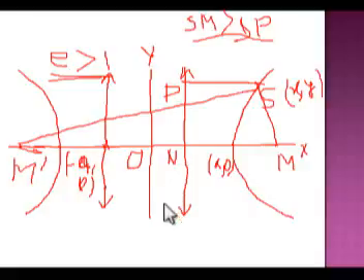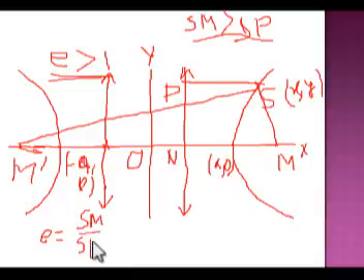So here we know SM is greater than SP, or SM by SP is equal to E. So E will be SM by SP, which is greater than 1.